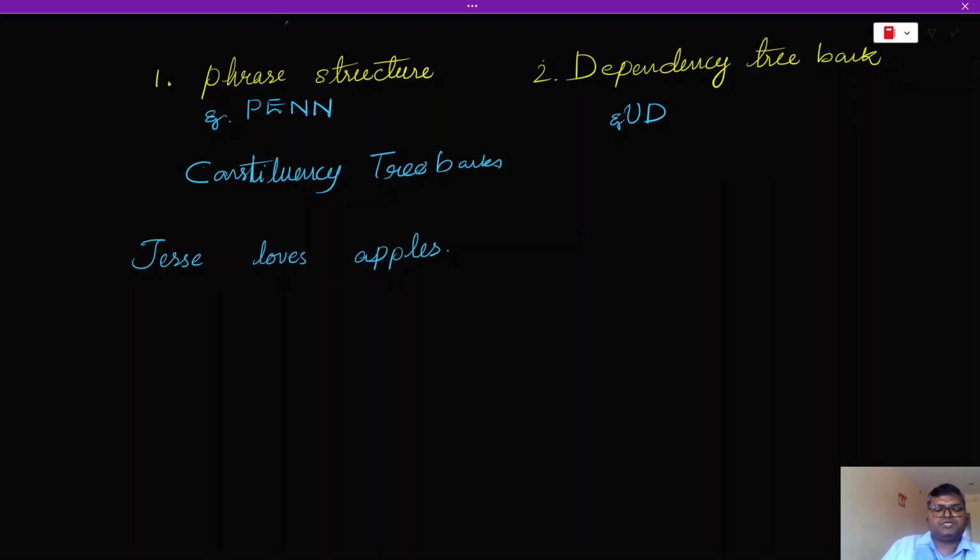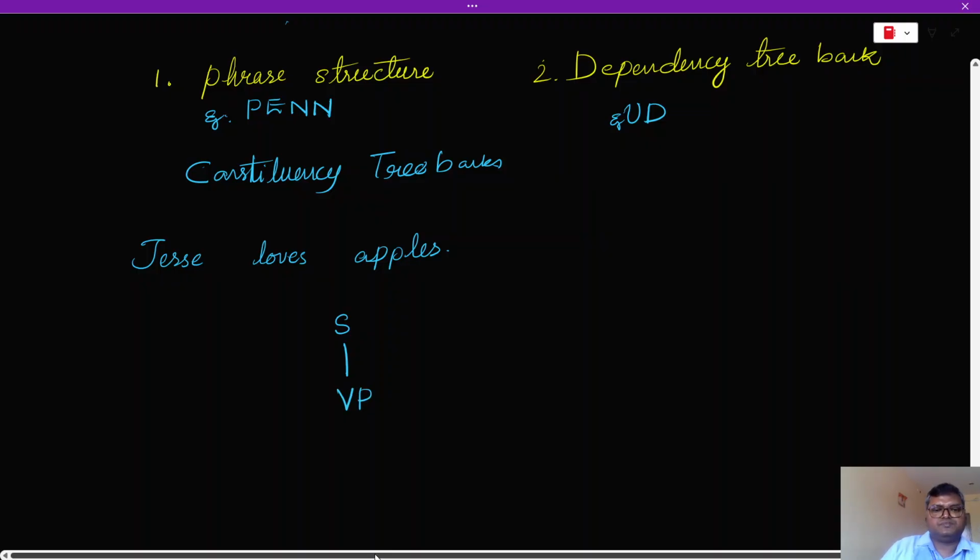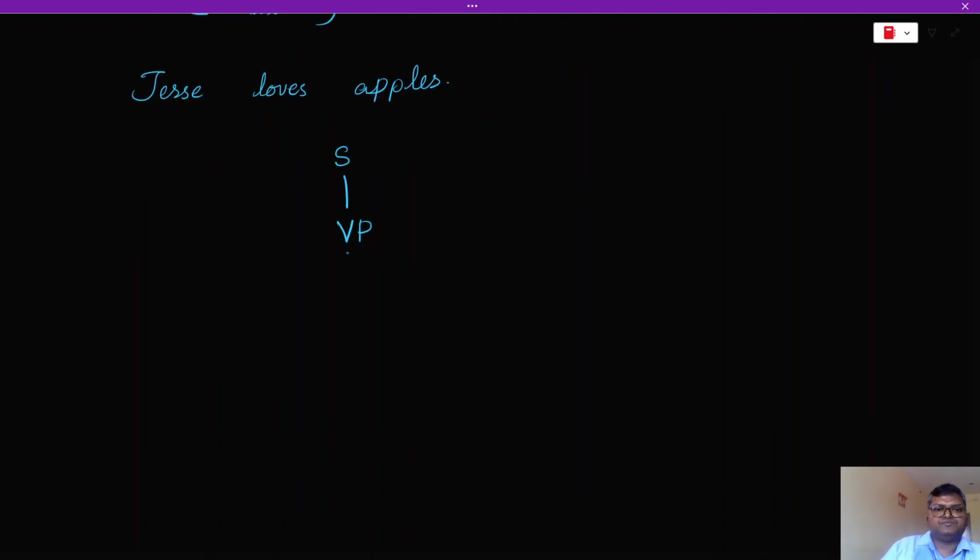So this can be represented as start symbol, sentence, then noun phrase. What is the noun phrase? Just see. Then verb phrase, loves, then another noun phrase, apple.